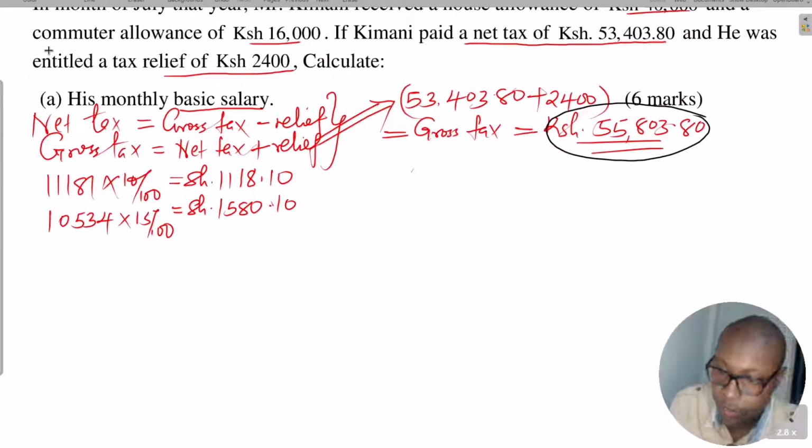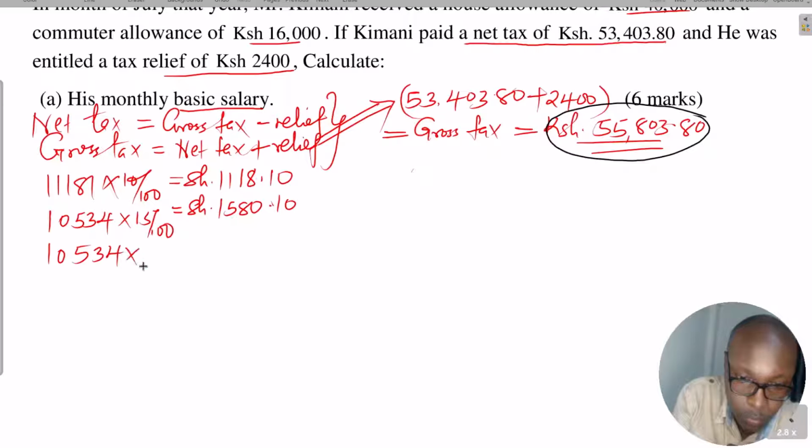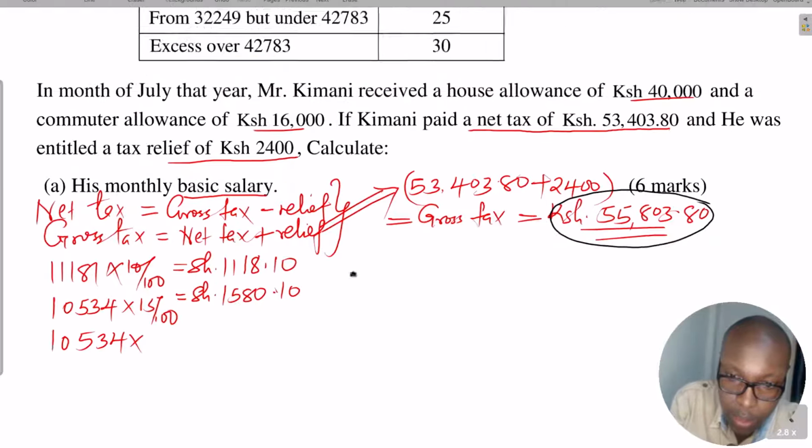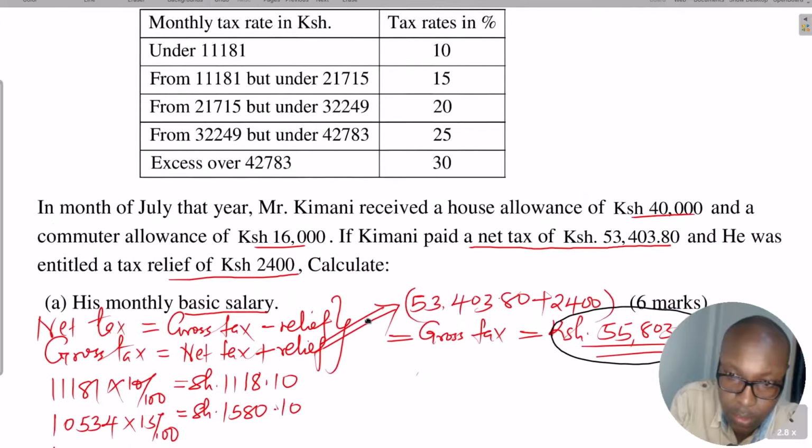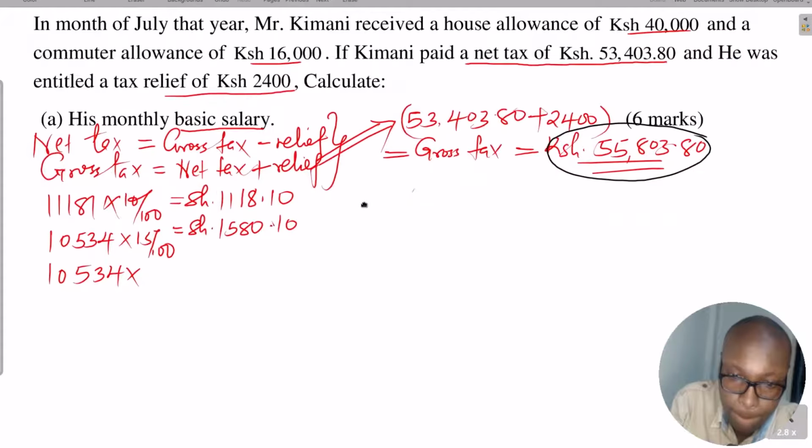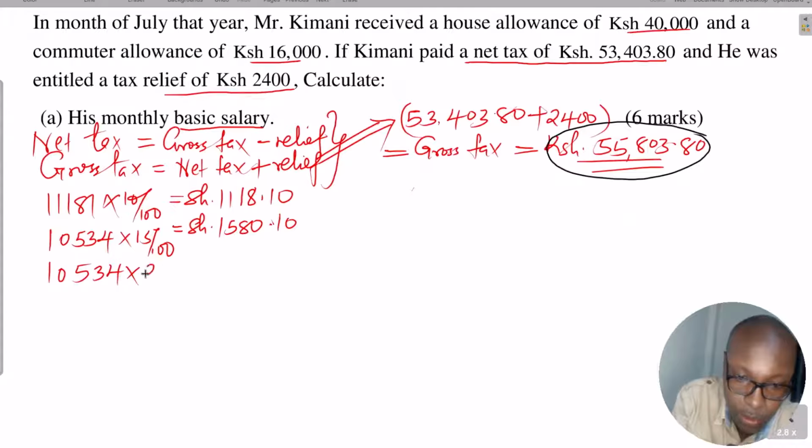So 10,534 times the tax rate there, which is 20%, so 20 over 100.